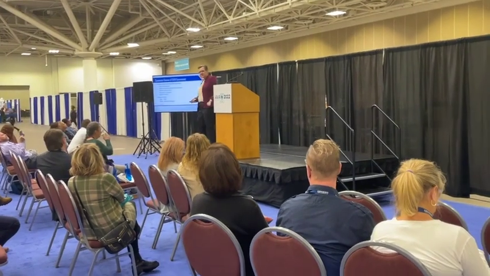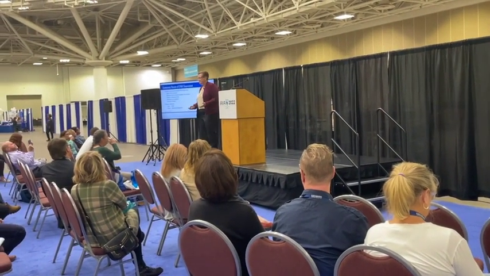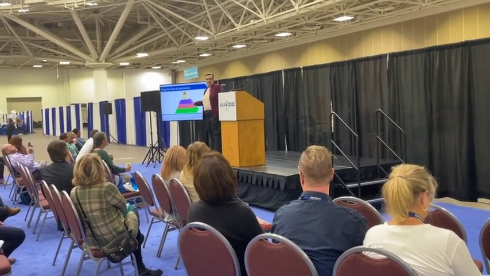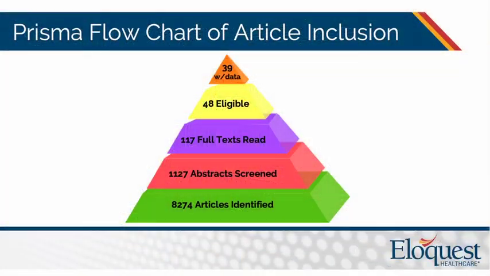And then for efficacy, obviously, migration and dislodgement. I'm not going to go into this, but just look at the bottom. We started with over 8,000 articles. Good time. And we got it down to 39 that actually had information we could use. That is very sad. All right, so I went over safety and efficacy. These are the endpoints we were looking at.